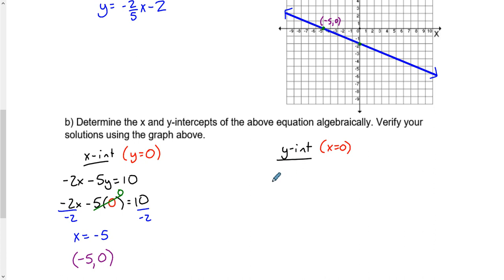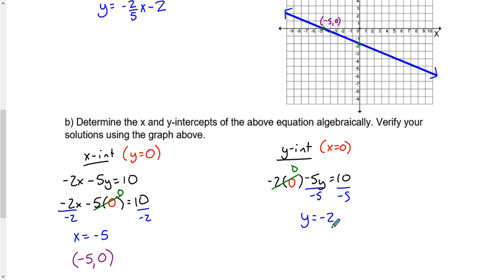To do the y-intercept, wherever I see x in this equation, I put 0. Minus 5y equals 10. Knowing that anything times 0 is just 0, we don't really have that term, which means the next step is to divide by -5.